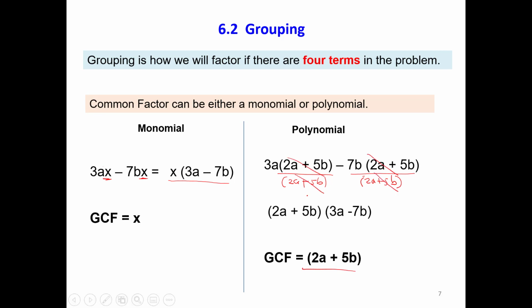Then what is left inside is 3a minus 7b. We write the greatest common factor in front, and then what is left? 3a minus 7b. What I want to show with this explanation is that the greatest common factor can be a monomial, or it can be a polynomial.